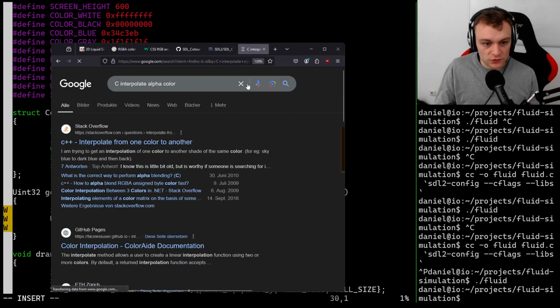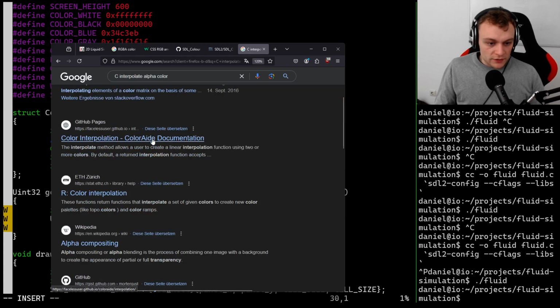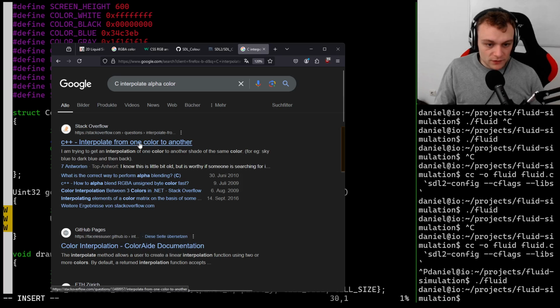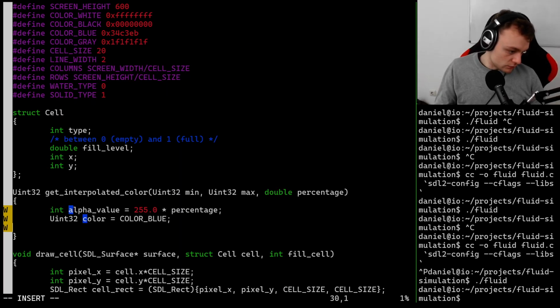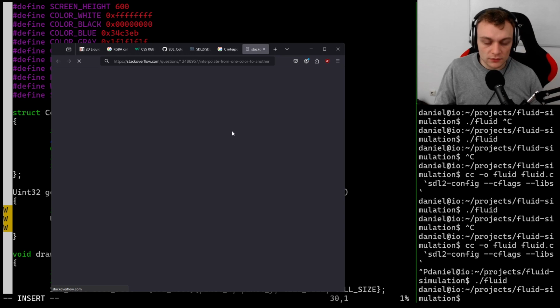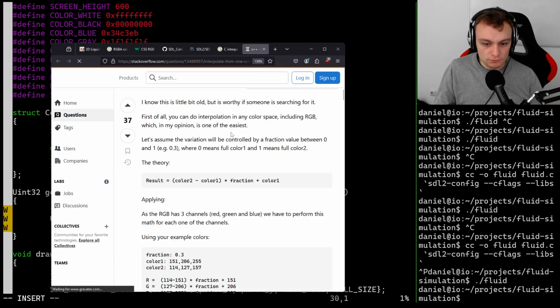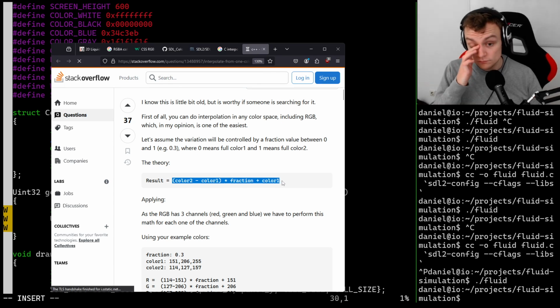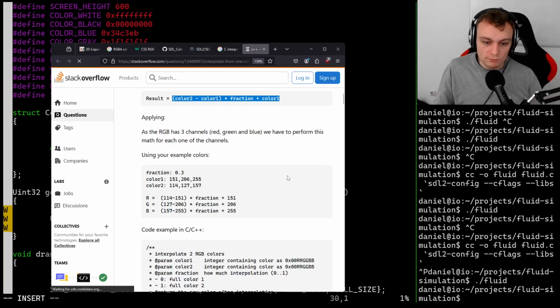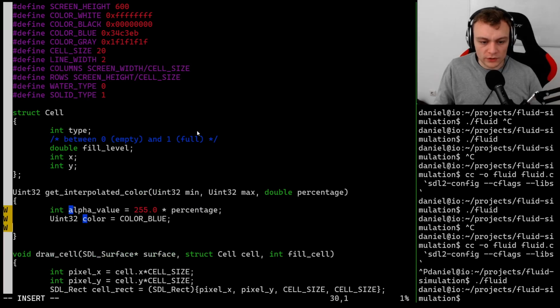I'm just looking up how to interpolate the alpha value of a color. It shouldn't be hard. Or can we just do that?